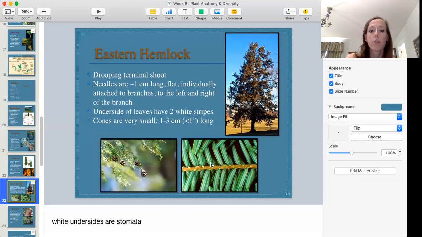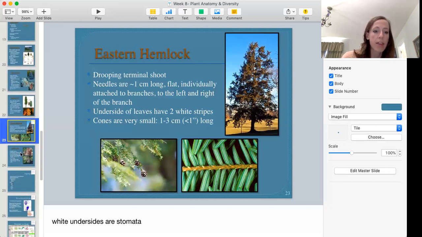Okay, and then if you flip it over and look at the underside of each of these needles, you'll see there are two little white lines present. So look for that if you're trying to identify the eastern hemlock from the branch itself.